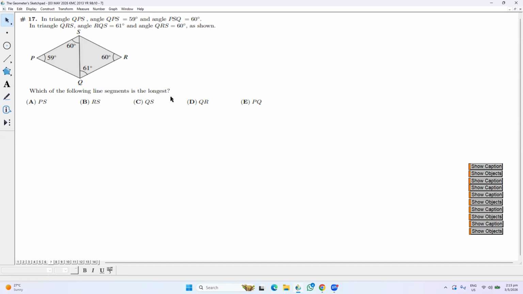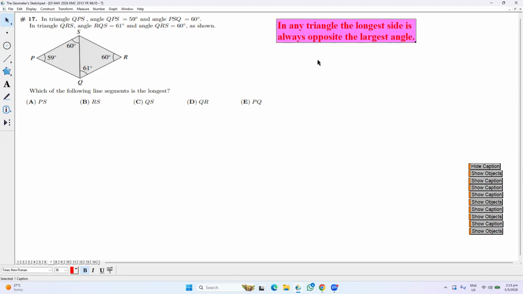This question requires you to apply the principle that in any triangle, the longest side is always opposite the largest angle. I remember I learned this in Form 3, and there is a proof for it, even in the book. But most people now just accept it, you can prove it, but we will use the time to do the question.